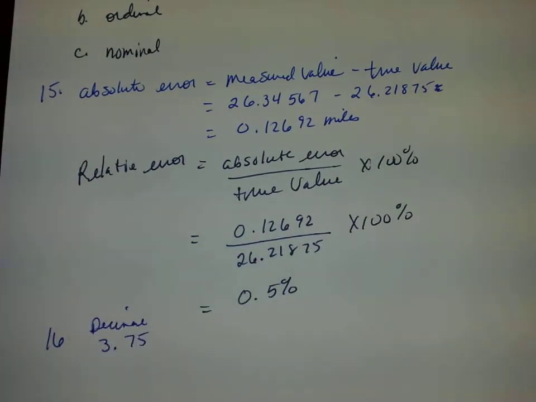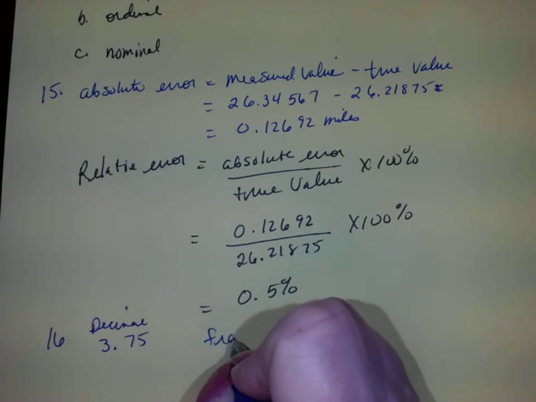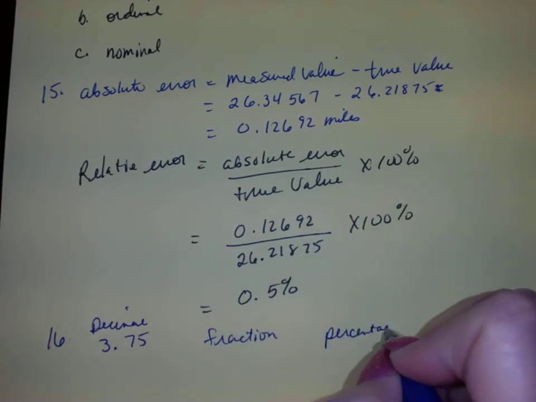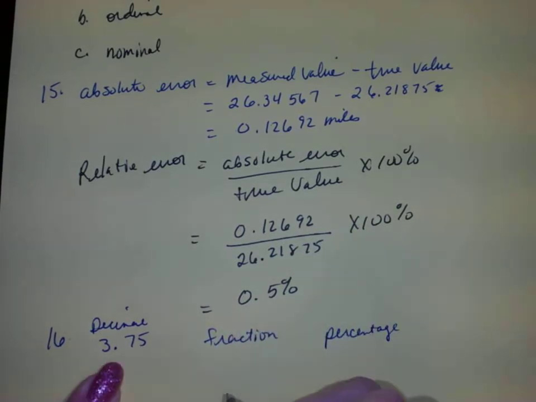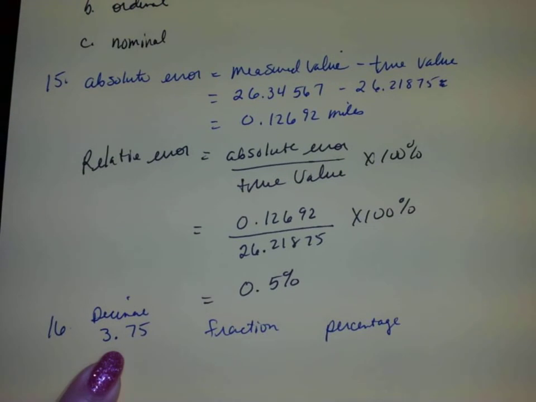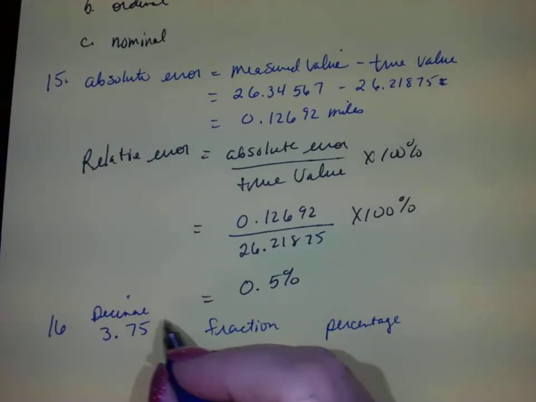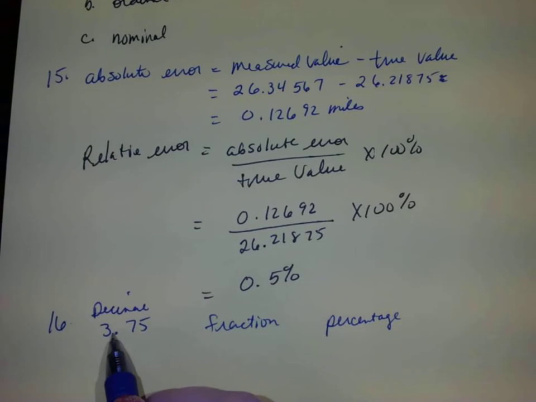We need to do a fraction, and we need to do a percentage. Well, if this is 3.75, we can put this over, like, out of 100. So we can make this into a fraction.